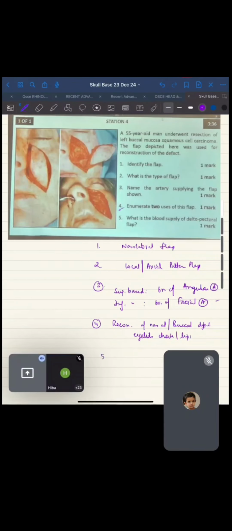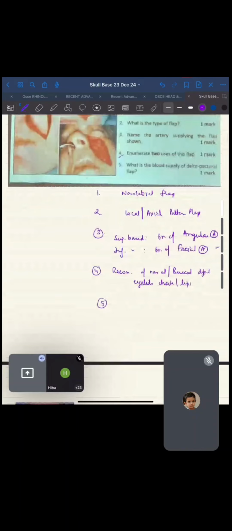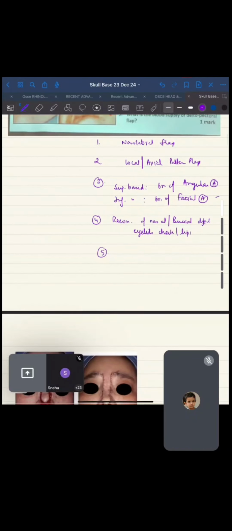Fifth, what is the blood supply of the DP flap? Now, someone tell me the blood supply of the DP flap, and one bonus question along with that. Try. Yes, these are the branches of your internal mammary artery. Then also from your thoracoacromial artery and also from musculocutaneous arteries.